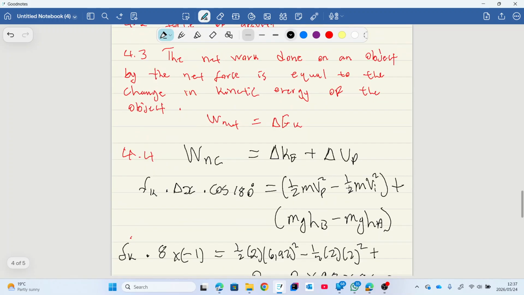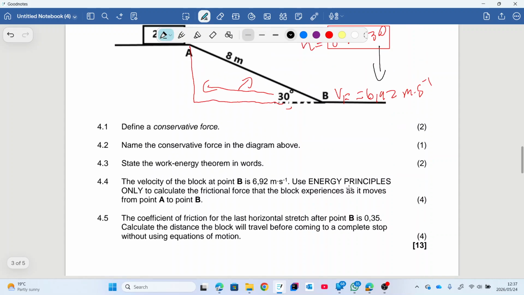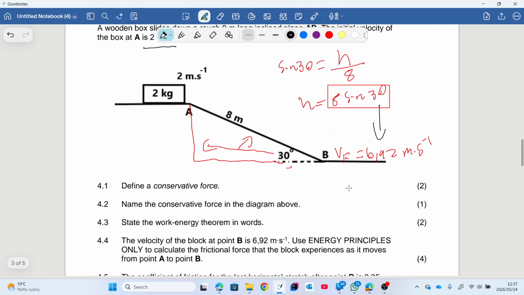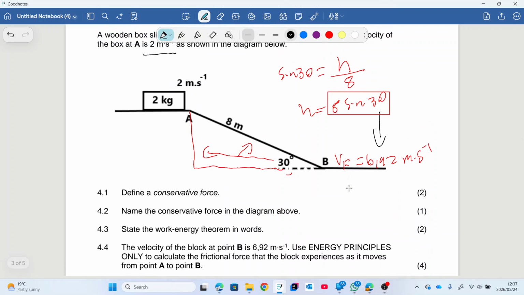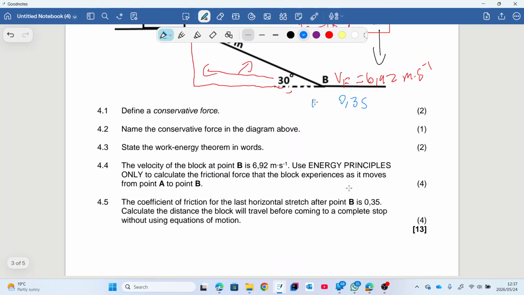Question. What's the question again? Okay. Now, 4.5. They want us to calculate the coefficient of friction for the last horizontal stretch after point B. So they are telling us that after the box passes point B, the coefficient of kinetic friction is 0.35. Okay, so this is mu k.